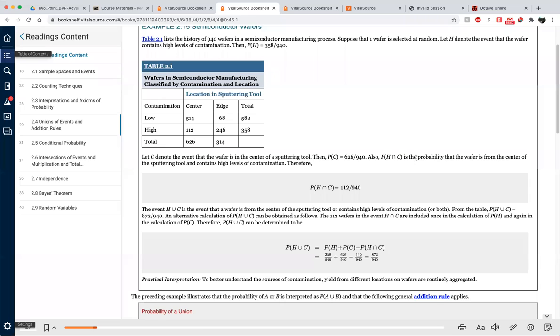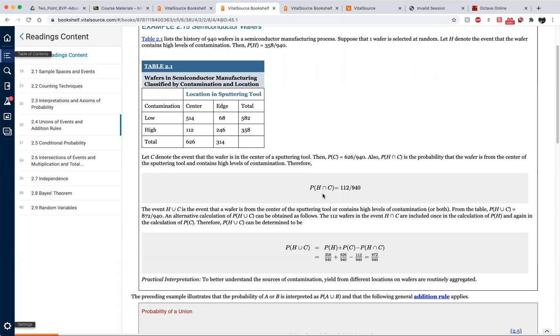Because we have too many events, with contamination levels and center or edge, we would have to draw four circles overlapping each other. That is more complicated than just using the table. So just use the table. P of H intersection C is 112 over 940.